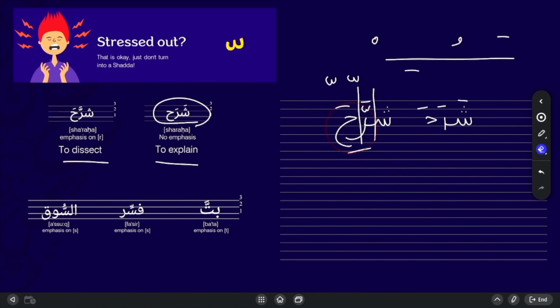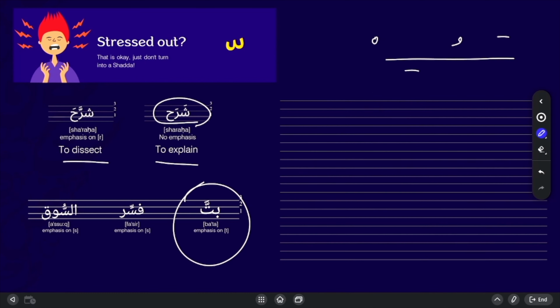Here are the examples of placing the shaddas with the short vowels. Let's look at this one. Batta, batta. So I know this is emphasized. The second word, fassir.